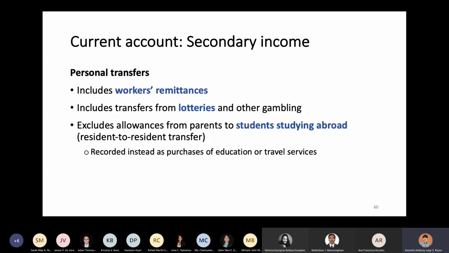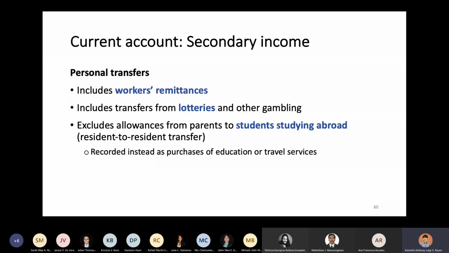It does exclude allowances from parents to students studying abroad. If a student is studying elsewhere and they receive allowances from their parents, that is considered a resident-to-resident transfer and would not be counted under personal transfers. However, those expenses, of course, will be recorded under purchases of education or travel services.